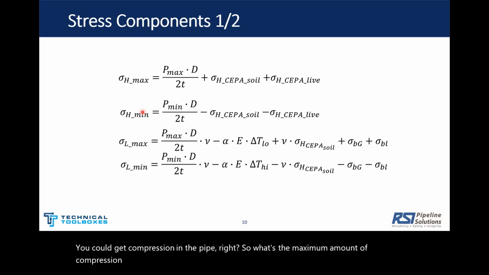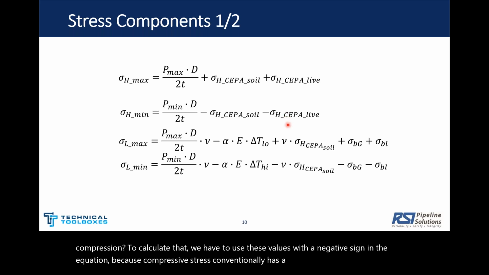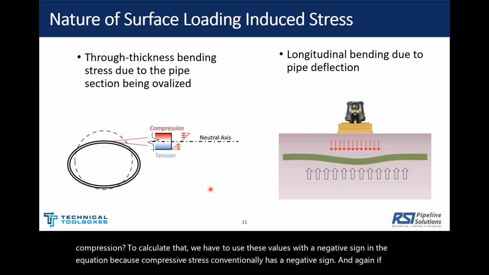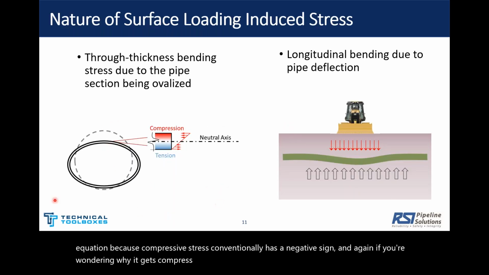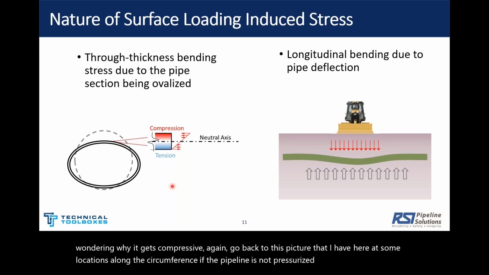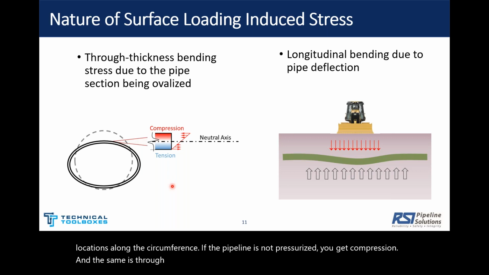To calculate that, we have to use these values with a negative sign in the equation, because compressive stress conventionally has a negative sign. And if you're wondering why it gets compressive, go back to this picture that I have here. At some locations along the circumference, if the pipeline is not pressurized, you get compression. And the same is true about the longitudinal stress.